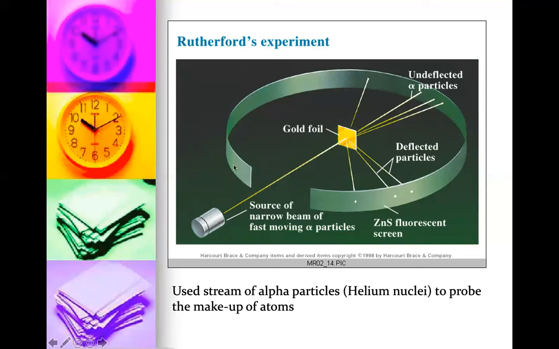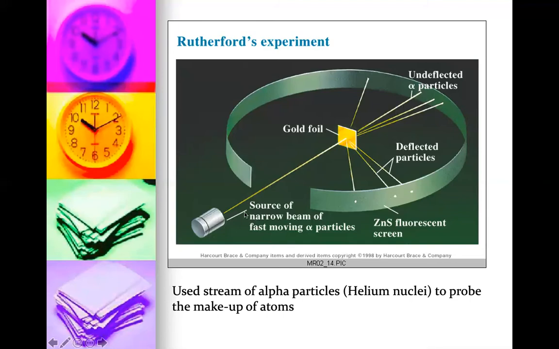So when the particles hit the fluorescent screen, we can actually detect whether it is deflected, whether it has passed through, or whether it is a small deflection here or a high deflection. So you can see from this observation, you can see one, it passed through, okay?